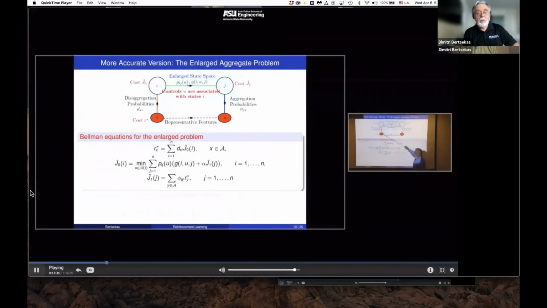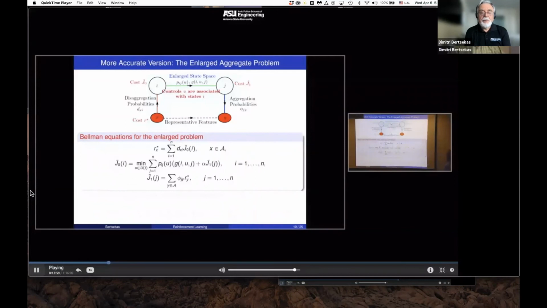I have this one component of the state space, this other component, and another one. And each one of those has an optimal cost associated with it, R star, and I call this J tilde 0, and I call this J tilde 1. These are not the same because there's an in-between transition between the two.